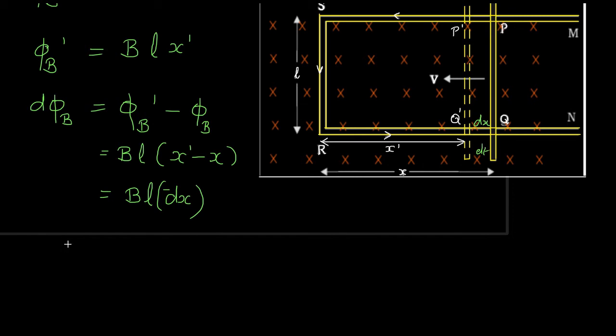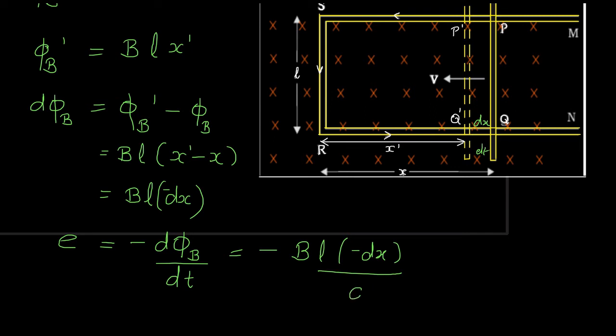Hence, the EMF induced in the coil is minus d phi B by dt according to the laws of electromagnetic induction, which is equal to minus of B L into minus dx divided by dt, or this is equal to plus B L dx by dt.